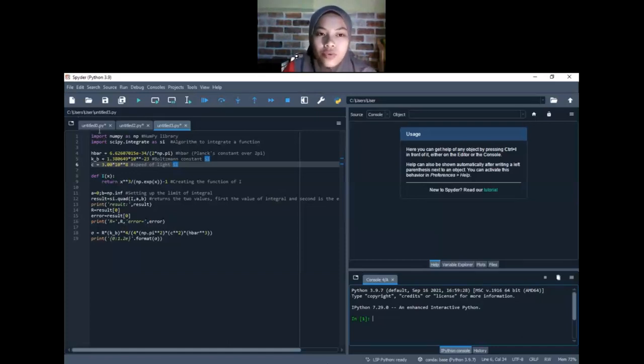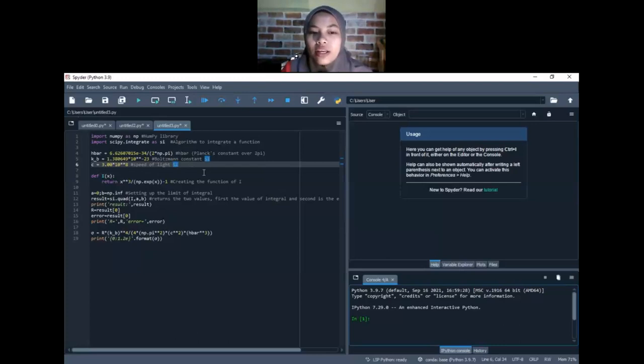First, as we know, we need to import the NumPy library and SciPy to integrate. This is an algorithm to integrate a function. Then we state all the constants needed in the sigma function. First is h bar. H bar is the Planck constant over 2 pi. Then we get the Boltzmann constant in SI units and then the speed of light.